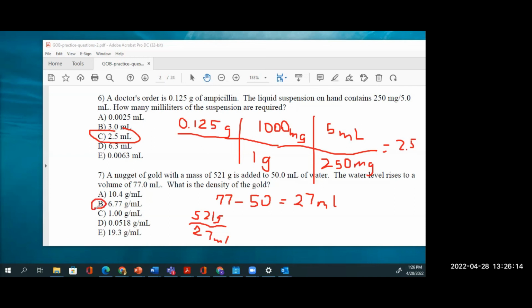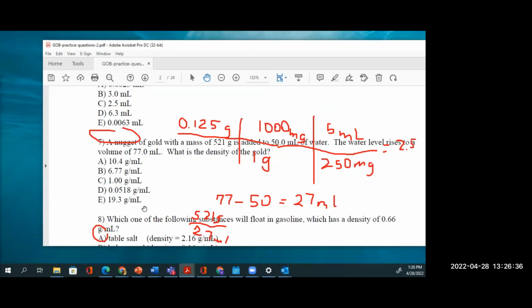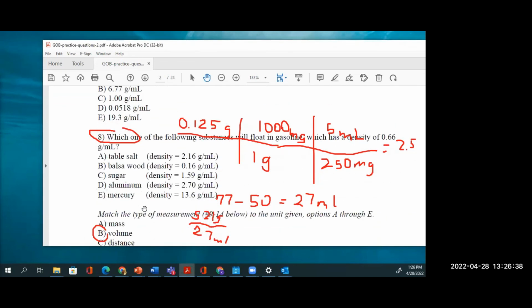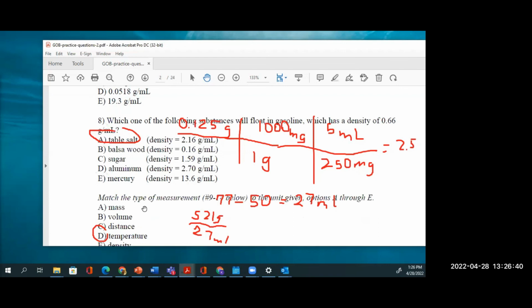You got 19 point what? 19.3. Okay. So 521 divided by 27. Okay, so we're not going to listen to Sergio anymore, giving us the wrong answer after he tells us how to do it, right? Call his own directions.